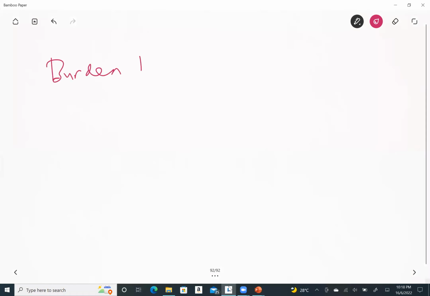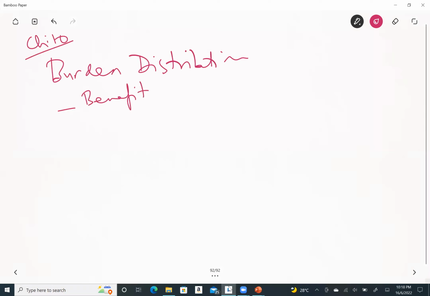That is chapter number 10. Chapter 10, benefit principle. There are two principles of taxation. One is the benefit principle. The other is the ability to pay principle. So you read that part.